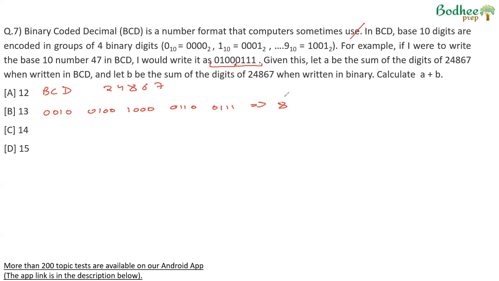Now we are looking at the binary of 2, 4, 8, 6, 7. Let B be the sum of the digits of 2, 4, 8, 6, 7 written in binary. So when we look at binary, I'm looking at powers of 2.